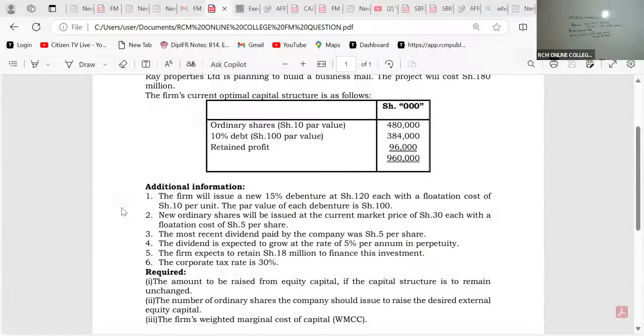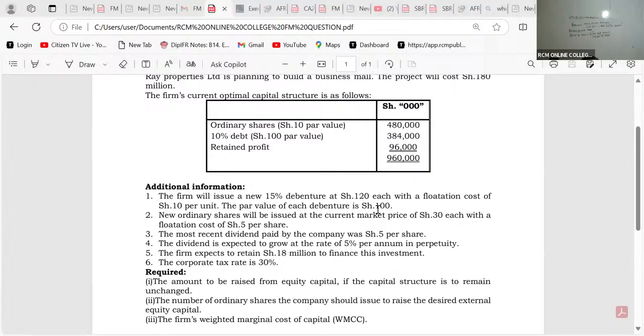The firm will issue new 15% debentures at 120 with a flotation cost of 10. Nowhere do they say 100 million is the maximum you can get from debt.